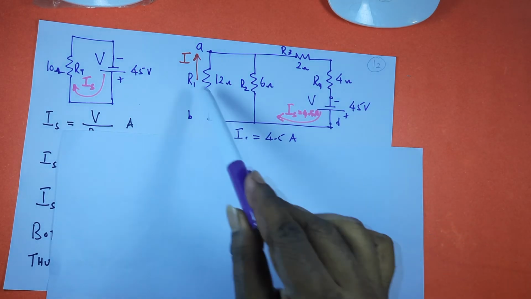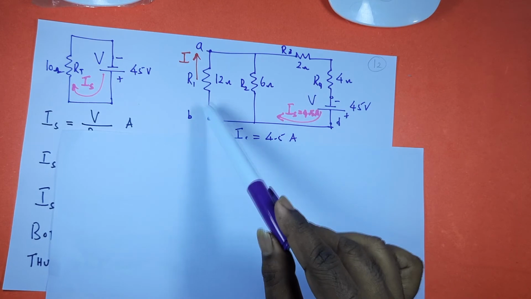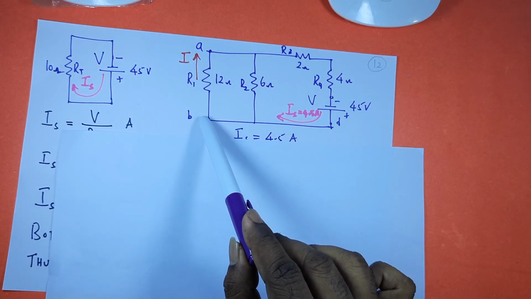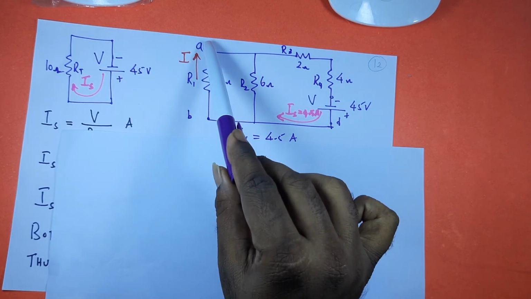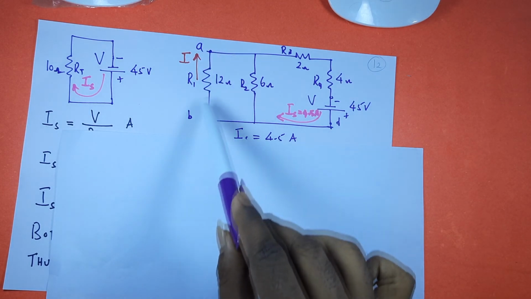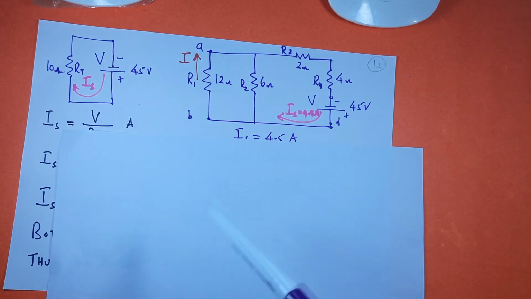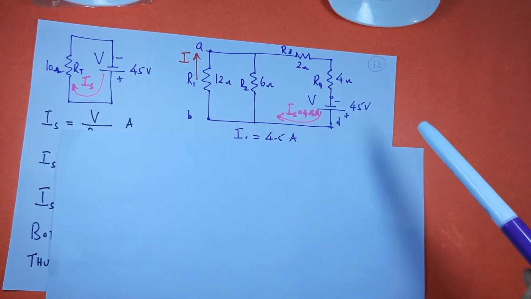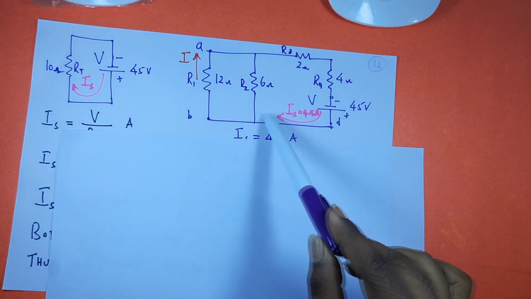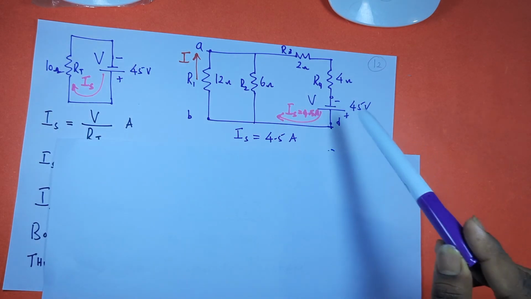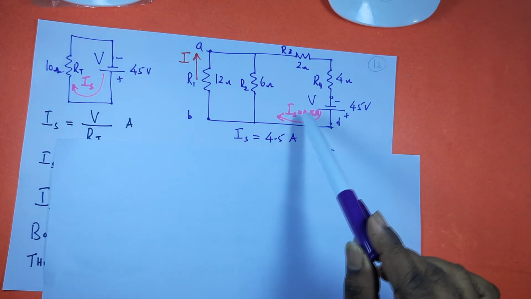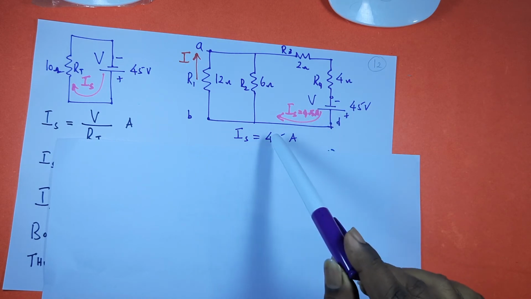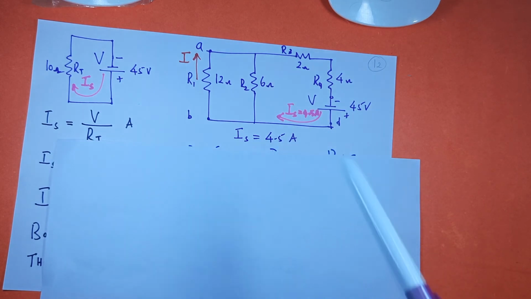Okay. Next, so this is what actually we want, right? What is the current through this AB or this direction? Which is nothing but current through this R1 branch. Okay. So IS we have already calculated, that is 4.5. So here I have written 4.5.